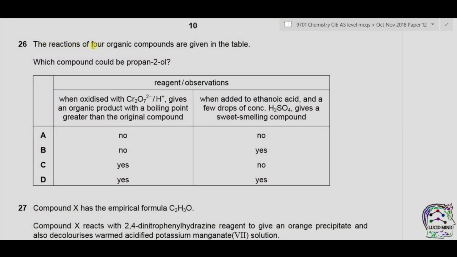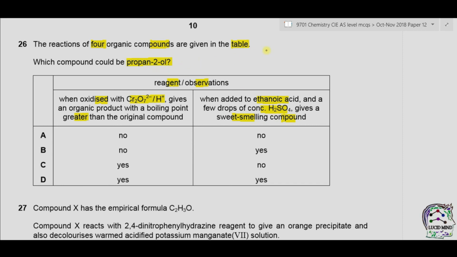Question 26. The reactions of 4 organic compounds are given in the table. Which compound could be propane 2-ol? We have the reagent and observations. Reagent is oxidation with acidified dichromate to give an organic product with a boiling point greater than the original compound. In second one, the reagent is ethanoic acid and few drops of sulfuric acid to give sweet smelling compound.